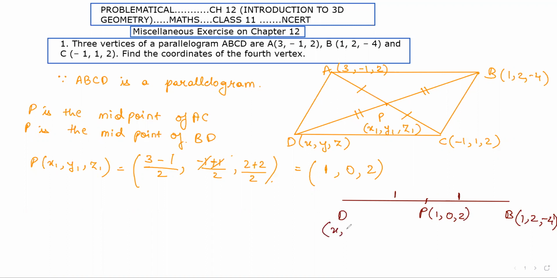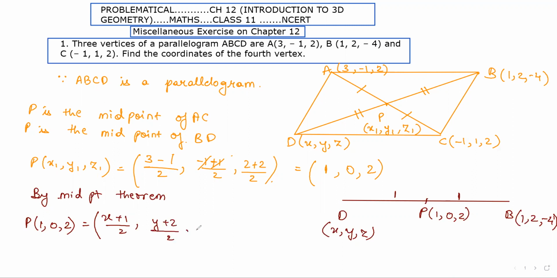The coordinates of D are X, Y, and Z. We know by the bisection formula, or the midpoint theorem, the coordinates of point P, 1, 0, and 2, will be equal to X plus 1 divided by 2, Y plus 2 divided by 2, Z minus 4 divided by 2. Equating these, we get X plus 1 divided by 2 is equal to 1, which implies X plus 1 is equal to 2, which means X is equal to 1.